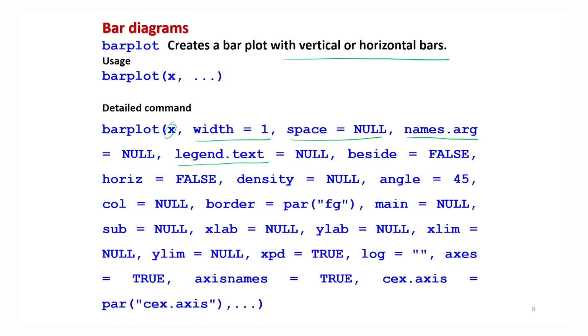And then you have density, angle, and color, which can give different colors to different bars. You can give different types of borders. This is the main title of the graph. Then you have the value on the x-axis, the value on the y-axis, the limits of the values on the x-axis, the axis names, etc., etc.